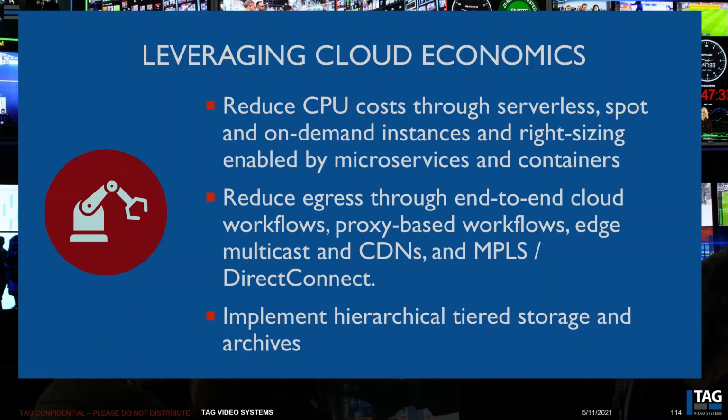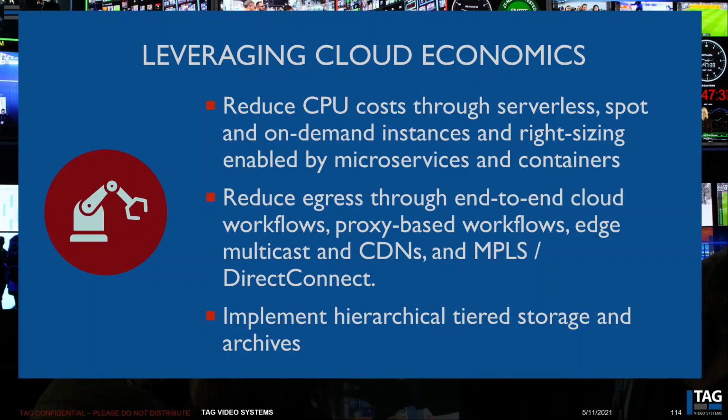You also want to reduce egress, because we talk about egress being one of the big costs with end-to-end cloud workflows, meaning you're not going to move content back and forth from the cloud to on-premises for different parts of workflow. It means you're going to put the whole workflow in the cloud so the content can stay up there, and you only egress it when it's time to actually view it or give it to customers. And then to make that work, you probably want proxy-based workflows.